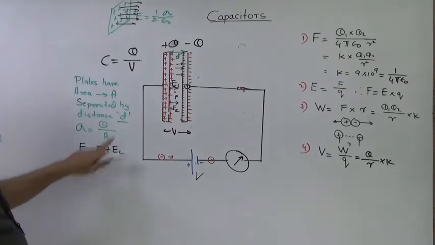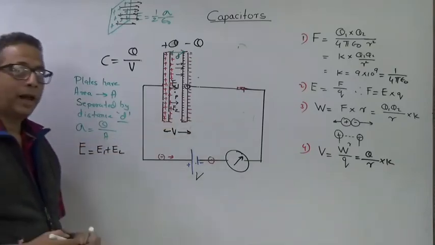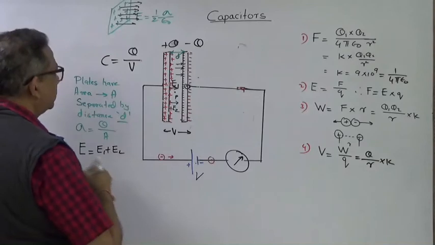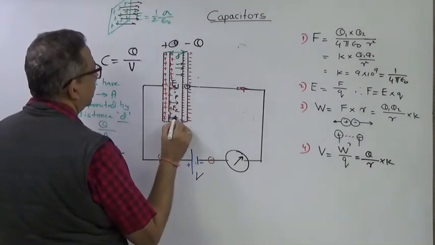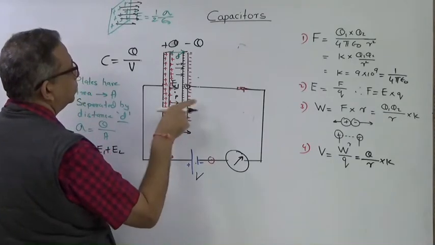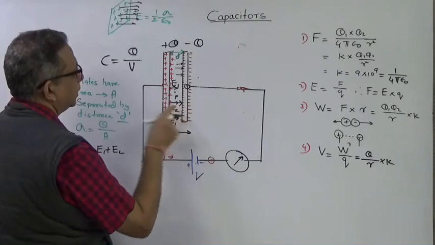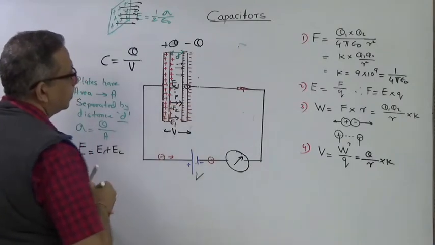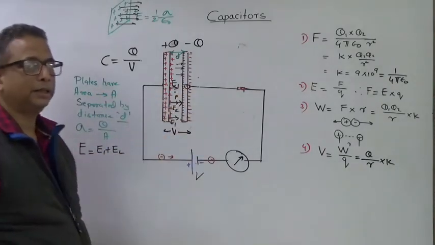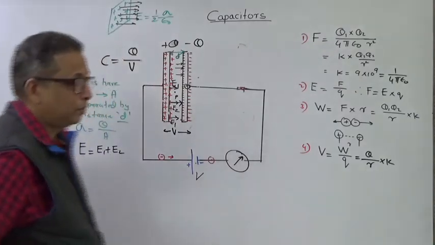E1 is the intensity because of the positive charge, E2 is the intensity because of the negative charge, and both of them will have the same direction. For E1 it will be going out, and for E2 it will be shown as going inside. If you see the arrow of both of them, they are pointing in the same direction, therefore the total intensity will be E1 plus E2.